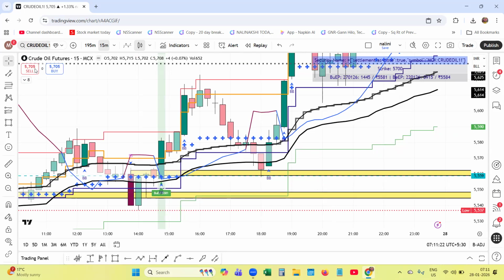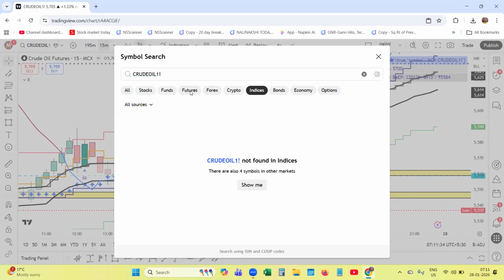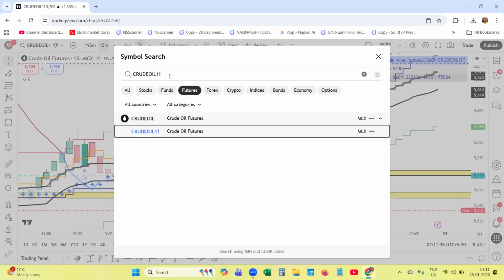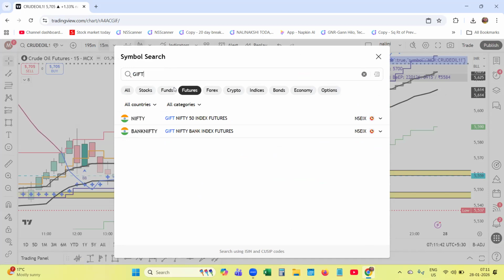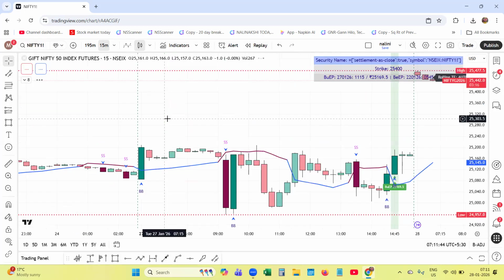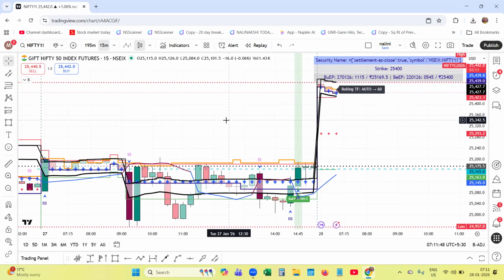Before closing, because our market is going to open now, Nifty is going to open now. Let me go back to the indices and futures, Gift Nifty. What it is doing, you can see, this is the Gift Nifty future.